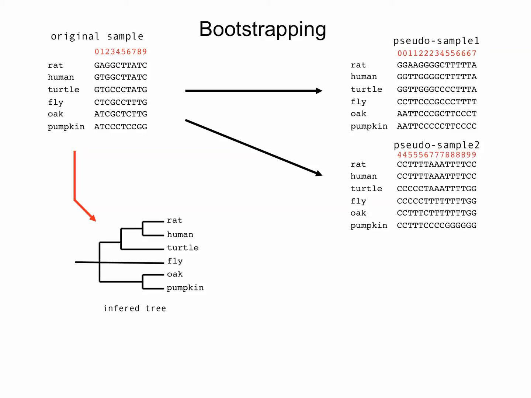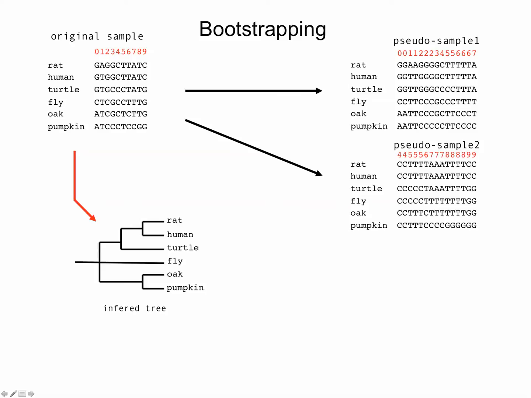In the first example, or pseudo-sample 1, we observe a duplication of the first 2 columns 3 times, the third column 2 times, the fifth 3 times, the sixth column, and we delete the last 2 columns of the line.